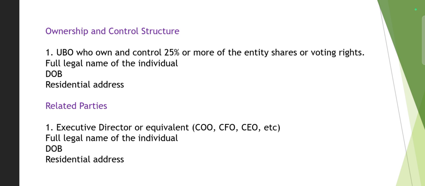In the bank case, if it is a branch entity, in that case we will capture the relationship manager name also, because they are part of the management, or they are responsible for taking important decisions to run that bank in a very good way. So we will capture those individuals' names as well.